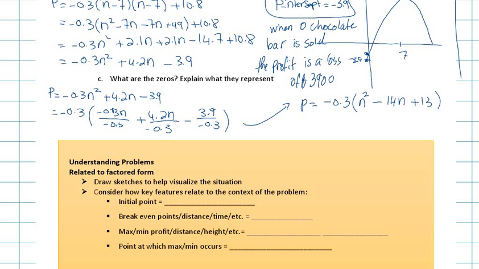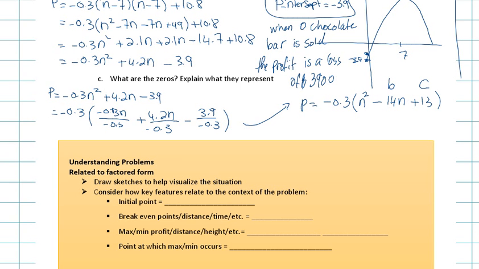So I'm looking for two numbers that multiply to what and add to what? Multiply to 13 and add to negative 14, right? B is negative and C is positive. Because both of them have to be negative, right?